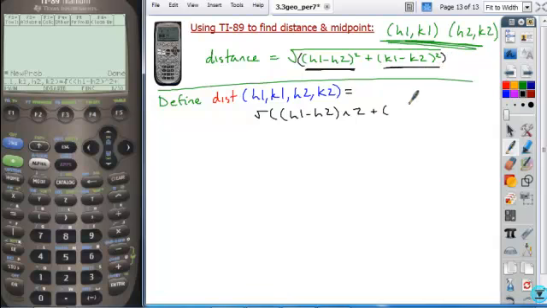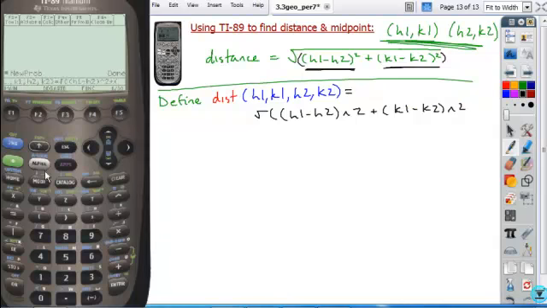So plus the difference of my y values, k1 minus k2, quantity squared. And so I can enter that on my calculator. k1 minus k2, caret symbol 2, and then close off your parentheses. Okay, so when I do that, it shows me the command done, means that it's recorded this.